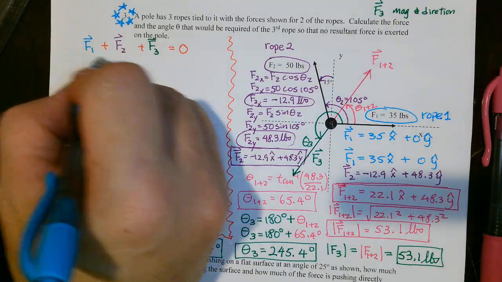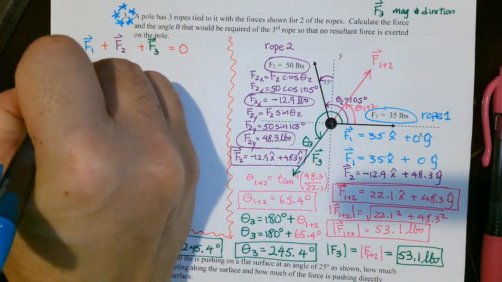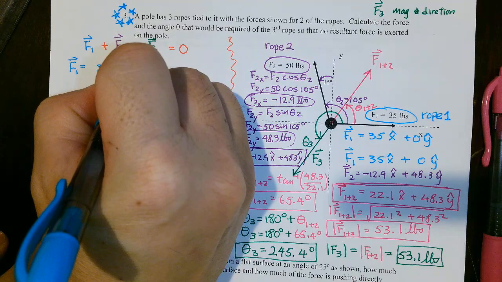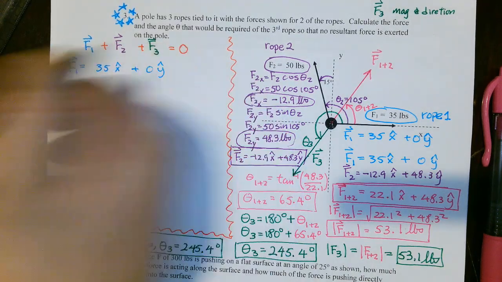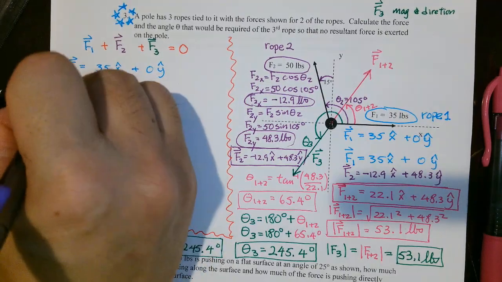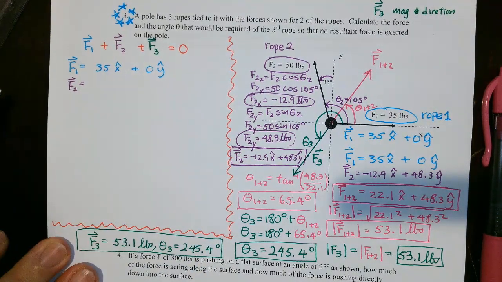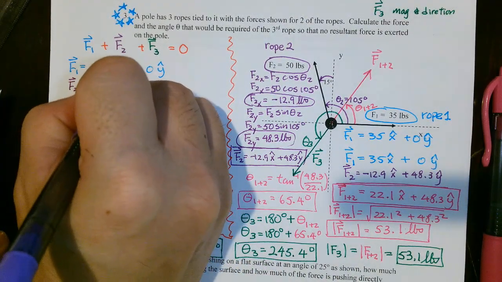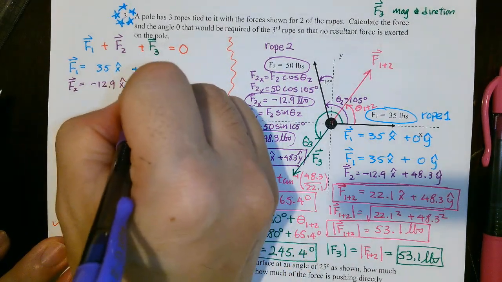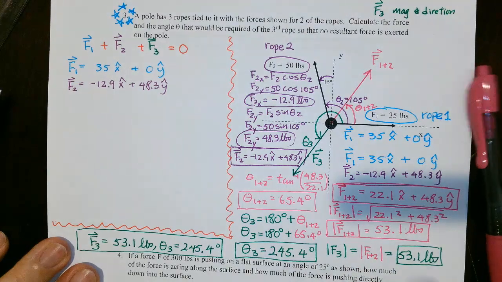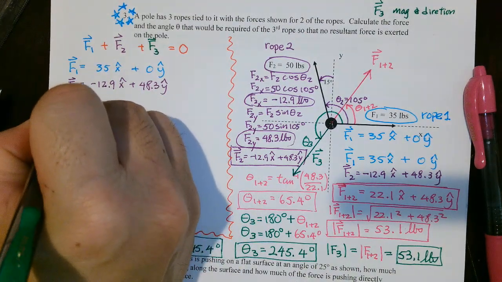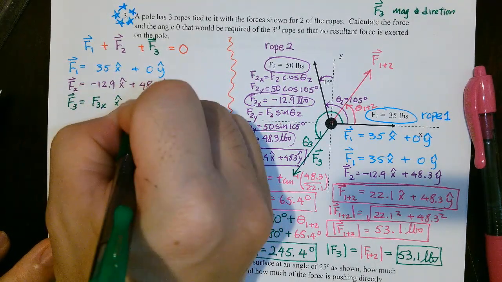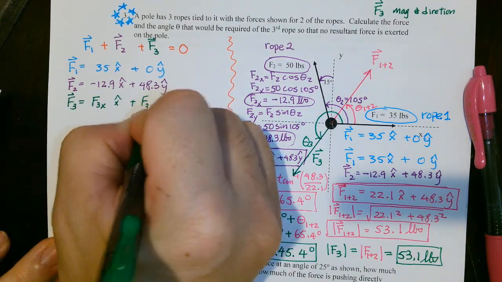So here we will follow this and say F1 is equal to 35 x hat plus 0 y hat, and F2 is equal to negative 12.9 x hat plus 48.3 y hat, and F3 is equal to F3x x hat plus F3y y hat.